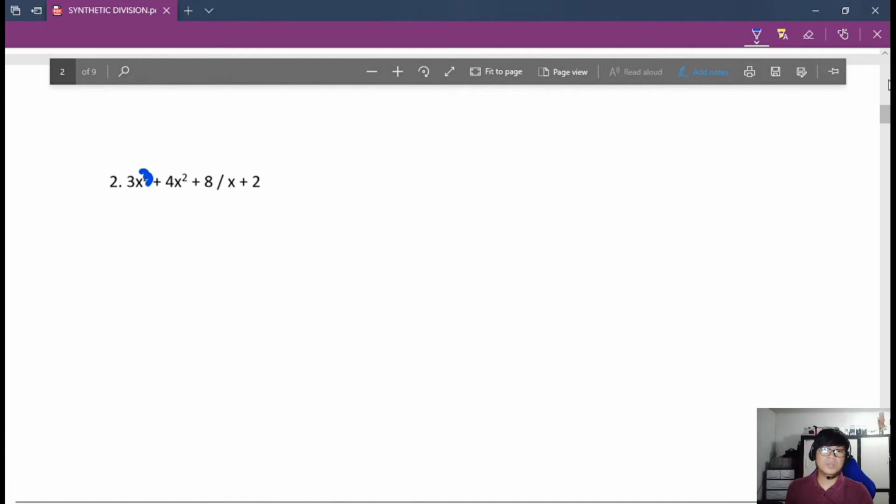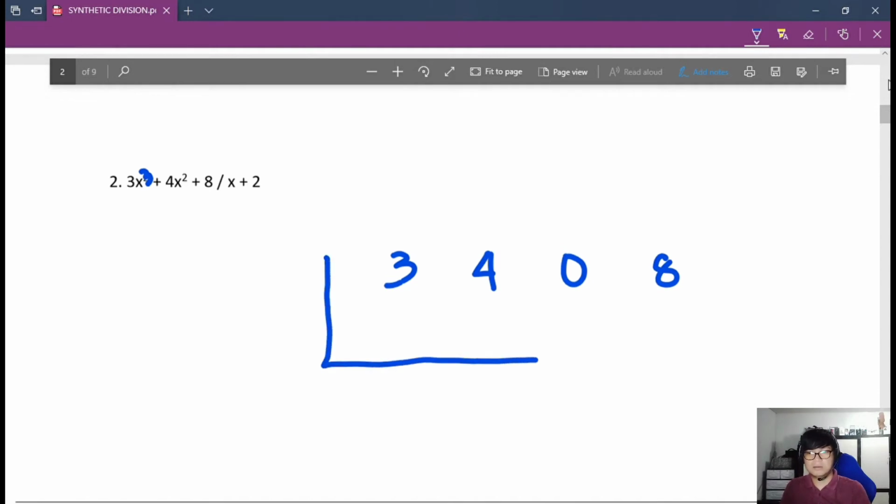So, since we only write the coefficient, ang first natin is 3 followed by 4. Yung x natin missing, so we have to insert 0, then 8. Then our divisor, pag-equate natin sa 0, it will become negative 2, tama?